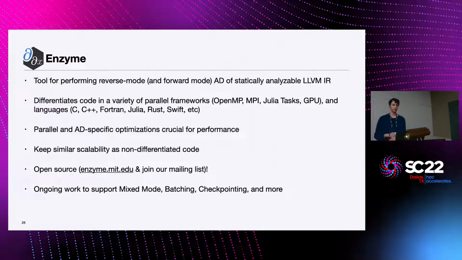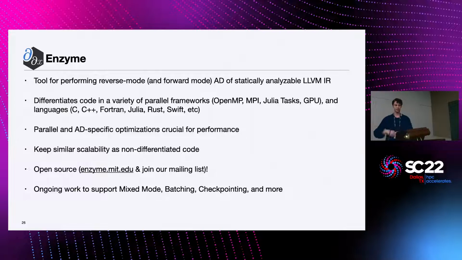Specifically, we also show here that these parallel and AD-specific optimizations are actually crucial for performance, both in terms of the actual runtime, as well as specifically the scalability. And together, these optimizations, alongside the ability to run at a very low level, allow us to generate code for the derivative that keeps a similar scalability to that original non-differentiated code.